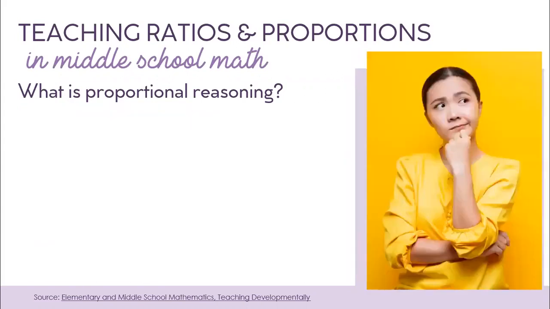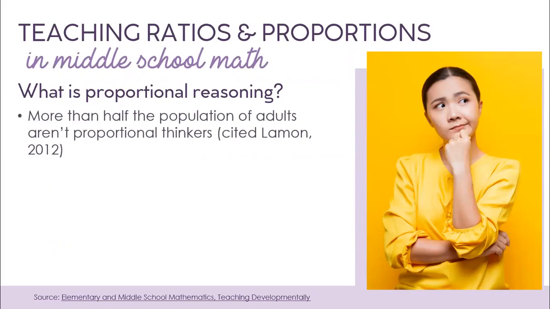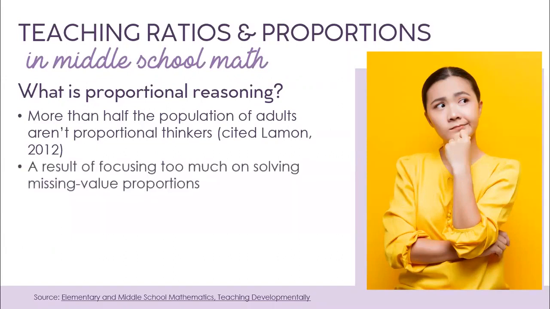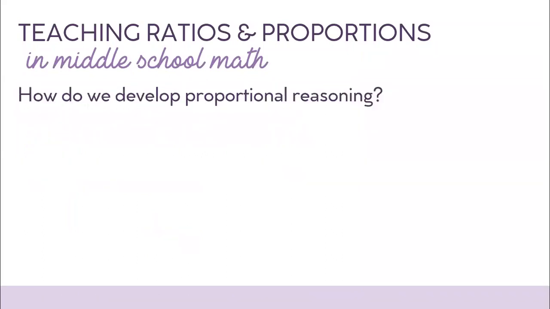Unfortunately, according to the authors, more than half the population of adults are not proportional thinkers. They say this is a result of focusing too much on solving missing value proportions, which I'm guessing we all use. So how do we develop proportional reasoning if we're not going to use just the missing value?